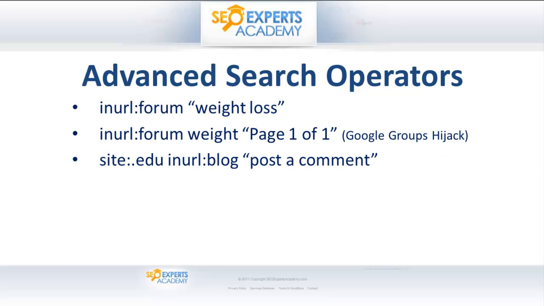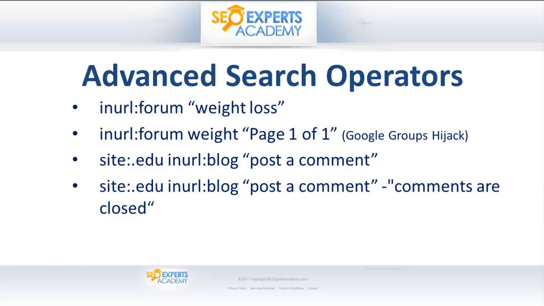Another one I quite like with inurl is site:.edu and then space inurl: blog post a comment, because these are blogs actually on .edu sites, and I do rate those. I do think they have SEO value. But again, notice how we're combining search operators here to zero in on finding that exact page where we can post a comment.